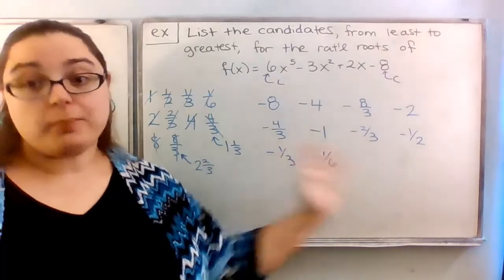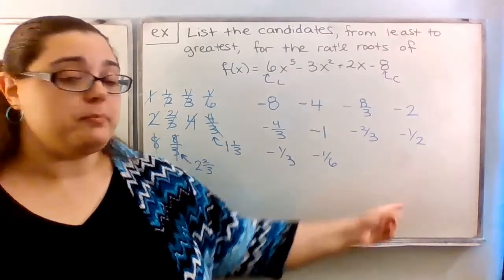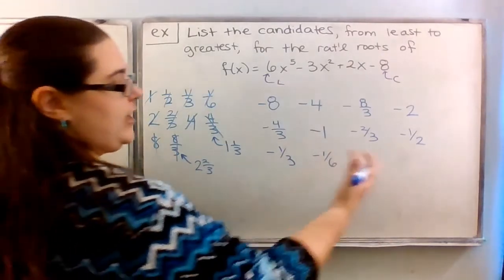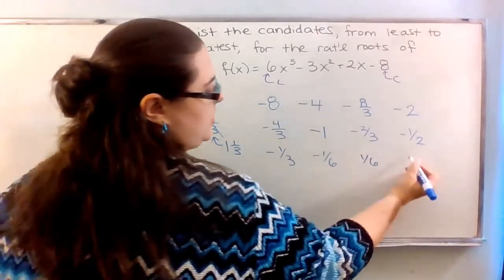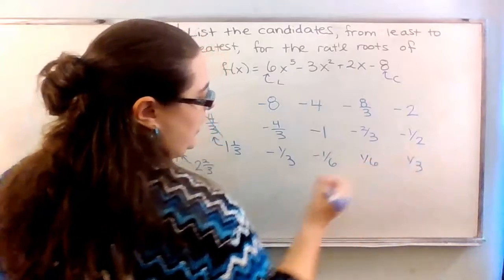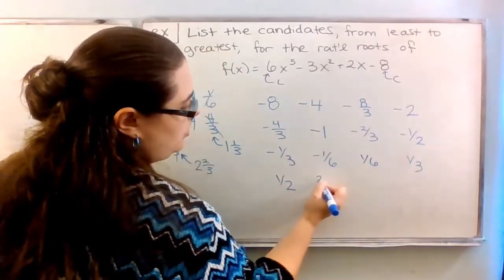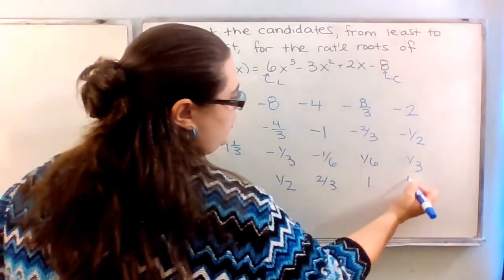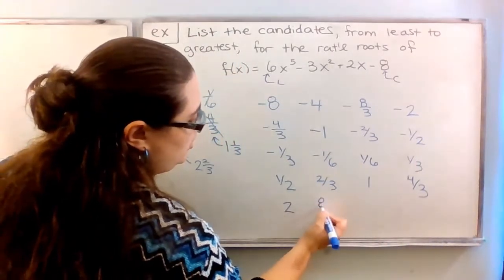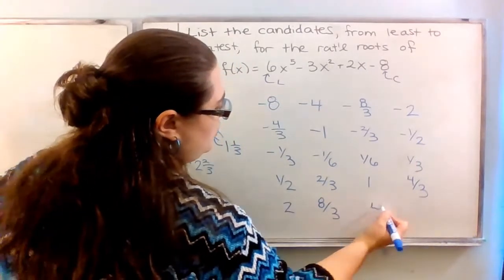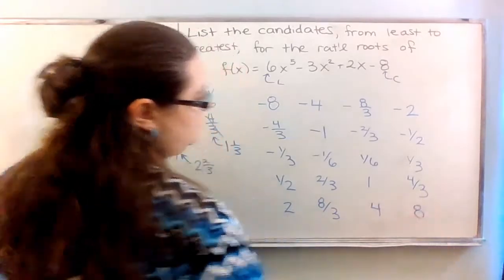And now to put the positive ones in, we're just going to follow the mirror of this. So the next one's going to be 1/6, and then positive 1/3, a half, 2/3, 1, 4/3, 2, positive 8/3, 4, and 8.